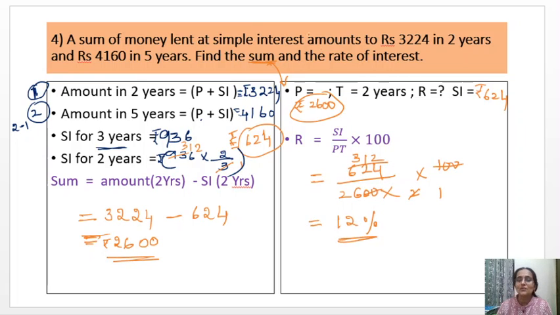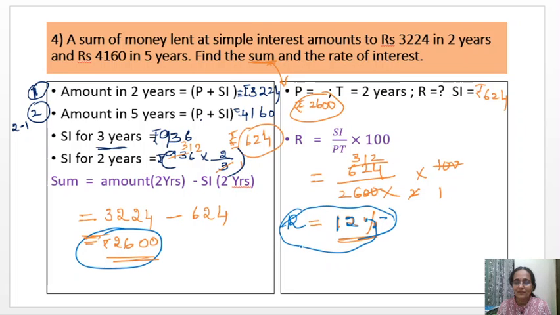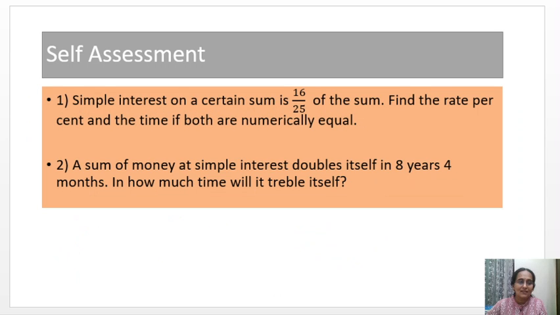The rate of interest is 12% and the sum is rupees 2600. That is your final answer.